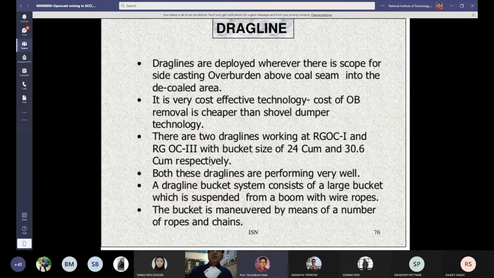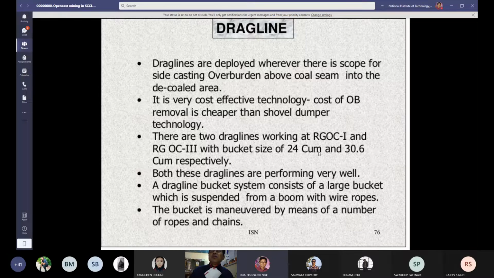Therefore, there are two draglines working at RG Opencast Project 1 and RG Opencast Project 3 with bucket sizes of 24 cubic meter and 30.6 cubic meter respectively.